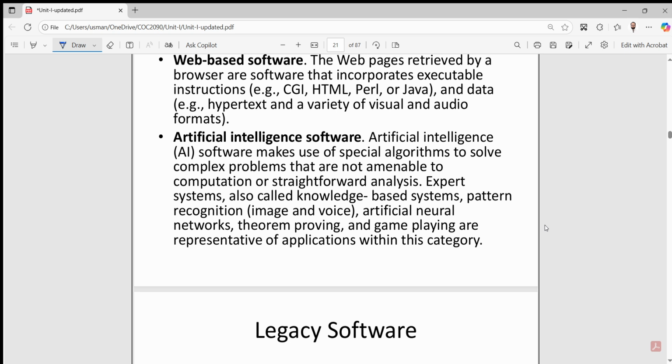Another example is expert systems, where a patient puts in some symptoms and the expert system tells the diagnosis of what the person is suffering from, or what type of medicine he should take. These systems make use of machine learning and deep learning concepts, which are part of the artificial intelligence domain. That's why these systems are known as artificial intelligence software.